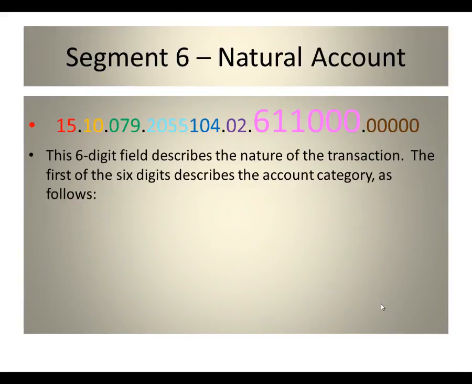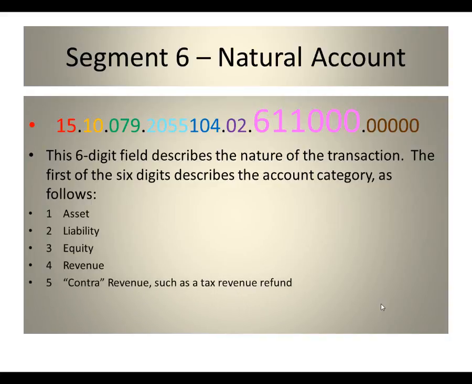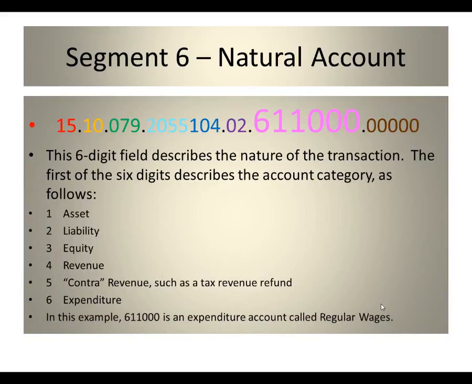The first digit of this segment describes the account category as follows: 1 for an asset, 2 for a liability, 3 for an equity, 4 for a revenue, 5 for a so-called contra revenue, such as a tax revenue refund, and 6 for an expenditure. In our example, the number 611000 indicates that this is an expenditure account, specifically the expenditure account called regular wages.